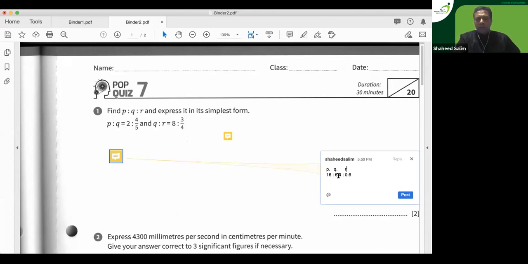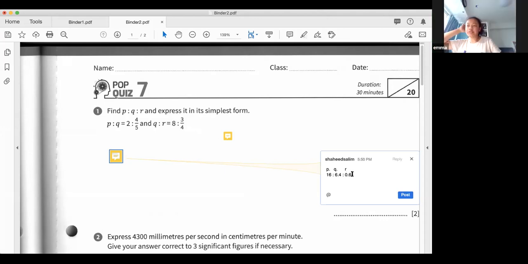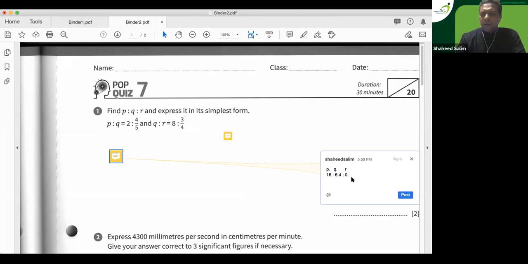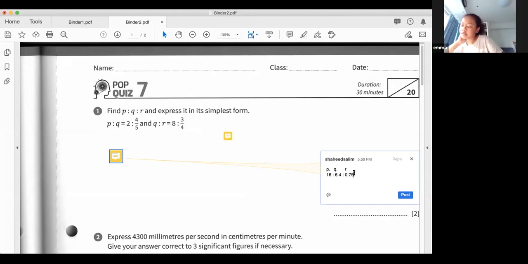Then the last one now, 8 is to 0.6. 3 divided by 4 is how much? Use your calculator. 3 divided by 4. 0.75. So do you get it? No. The last one, where is it divided?